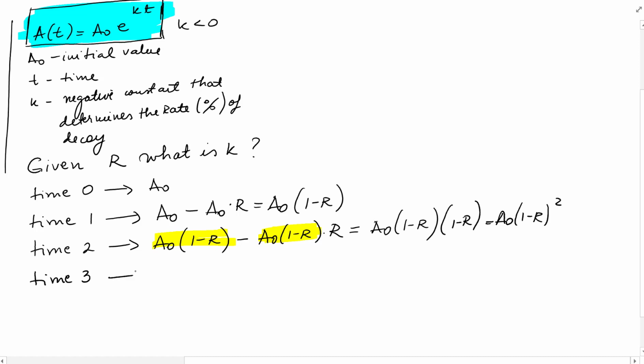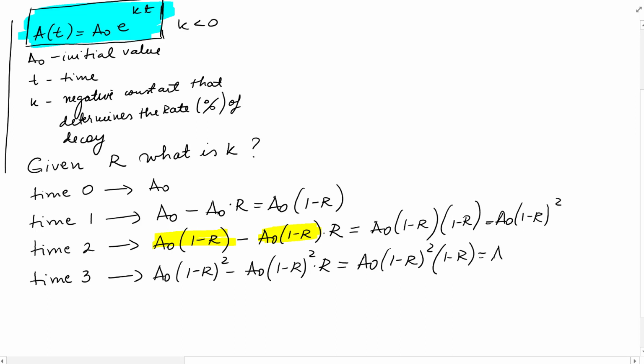I'm going to do one more time. So 3 days, 3 years. The new value is A0 times 1 minus r to the second, and from this one we subtract A0 times 1 minus r to the second times r. So we factor out A0 times 1 minus r to the second, and then we get 1 minus r, which gives us A0 times 1 minus r to the third.